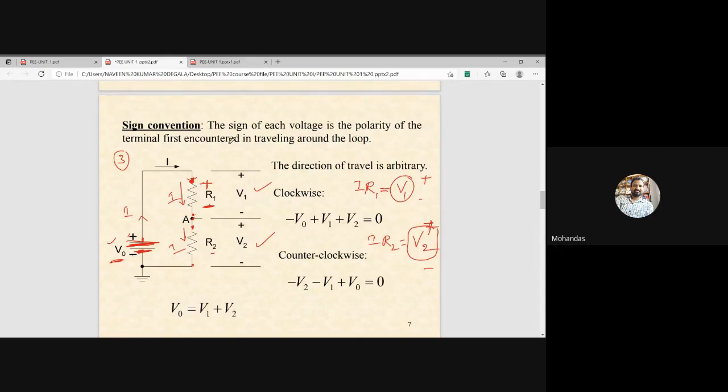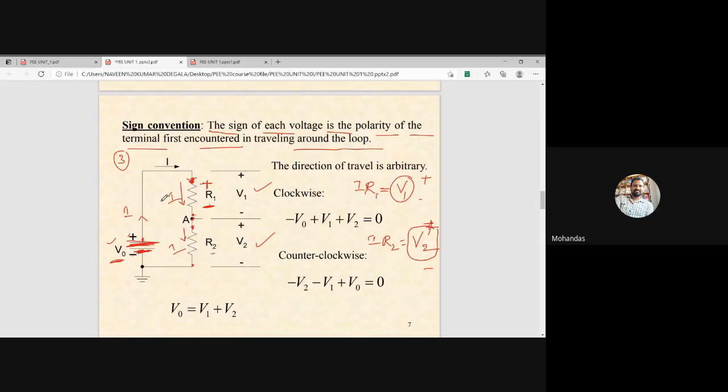Now, while writing the algebraic sum, we have to follow a sign convention. The sign of each voltage is the polarity of the terminal first encountered in traveling around the loop.